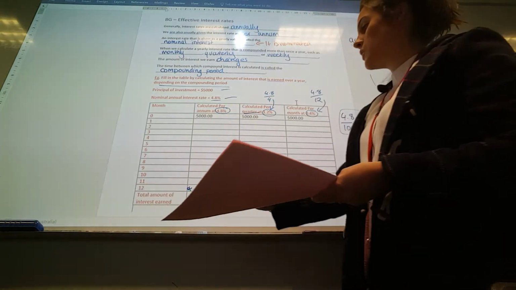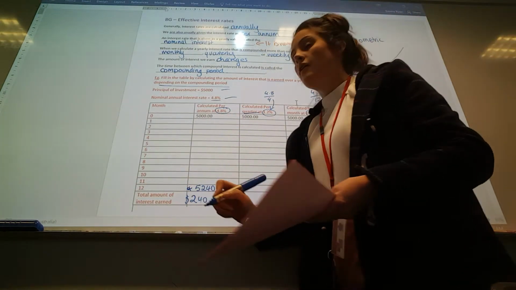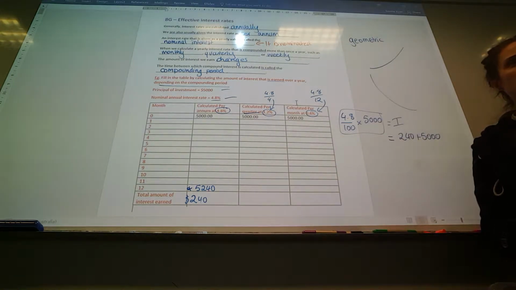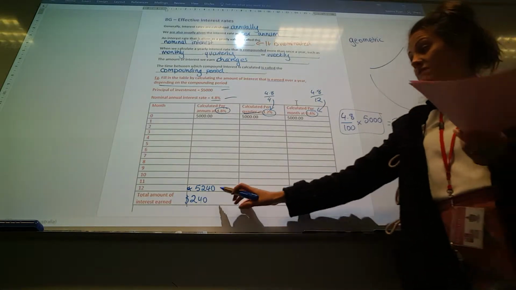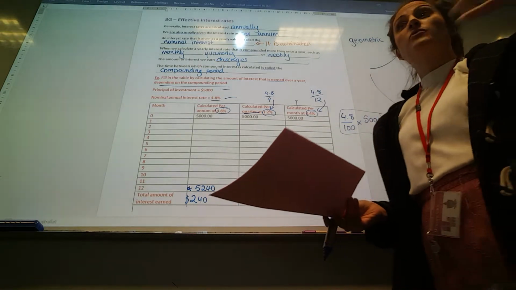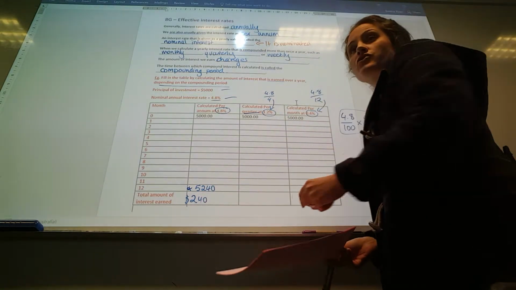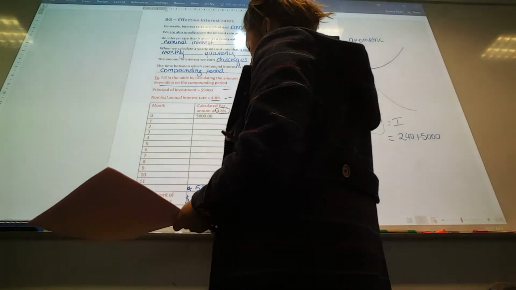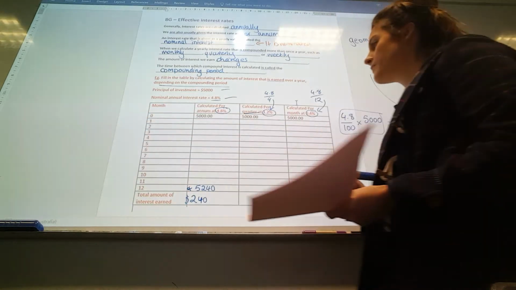So in 12 months we've earned $240 interest. So we have in our account 5,240, but we put the 5,000 in there. So we've still got that, but we've earned 240, just from sitting there and building for us.